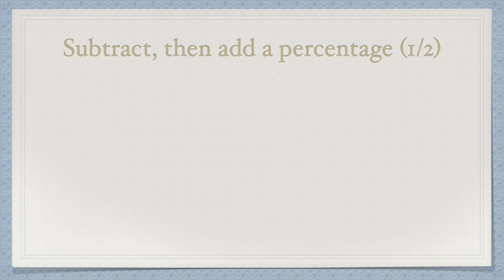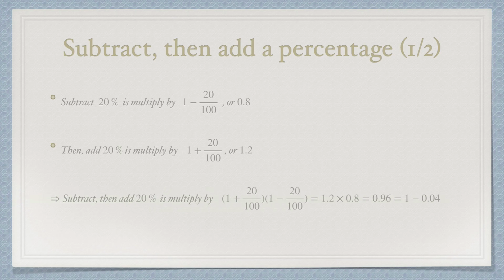And what if we subtract first and then add a percentage? If we subtract 20%, we multiply by 1 minus 20 over 100, that is 0.8. If we add then 20%, we multiply the result by 1 plus 20 over 100, or 1.2.